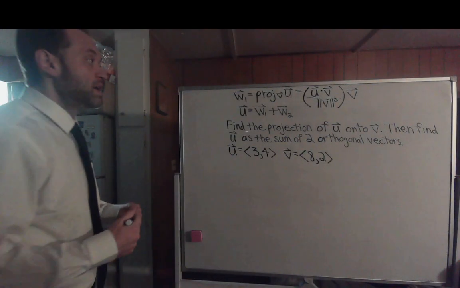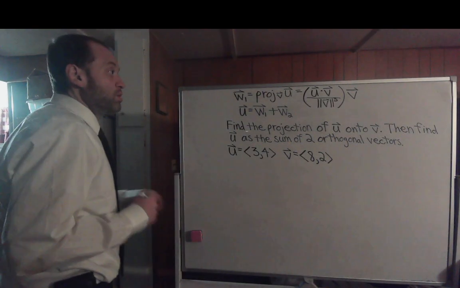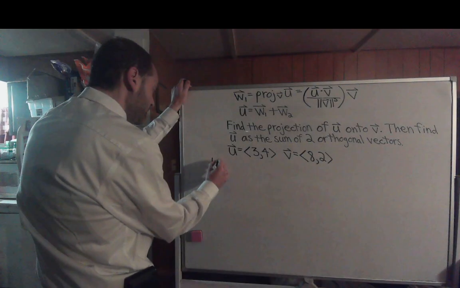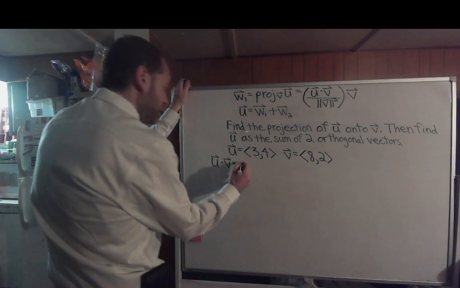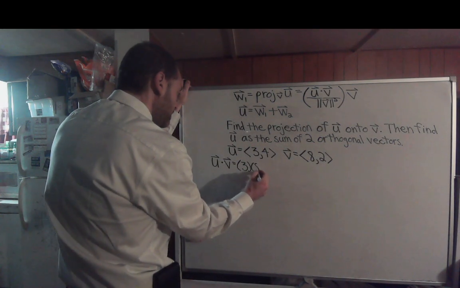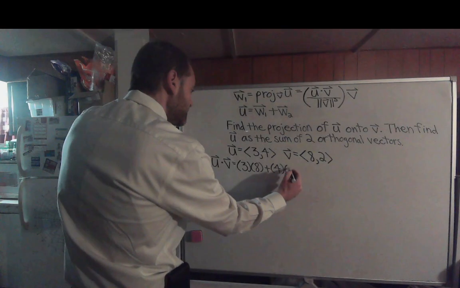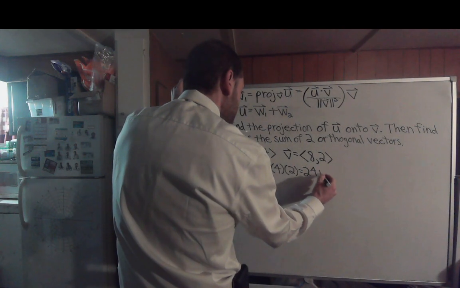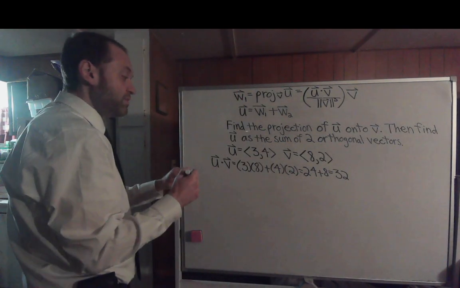So let's go ahead and start working on the projection of u onto v. In order to do that, we need to take the dot product of u and v. So the dot product of u and v is simply going to equal 3 times 8 plus 4 times 2. So that's going to equal 24 plus 8, which is 32. So the dot product of u and v is 32.